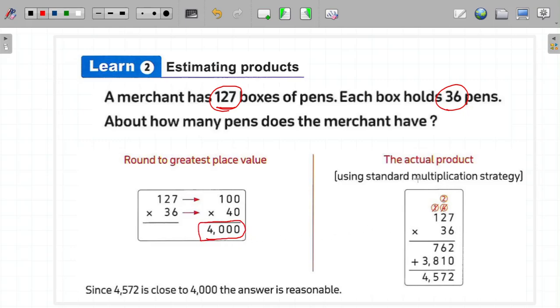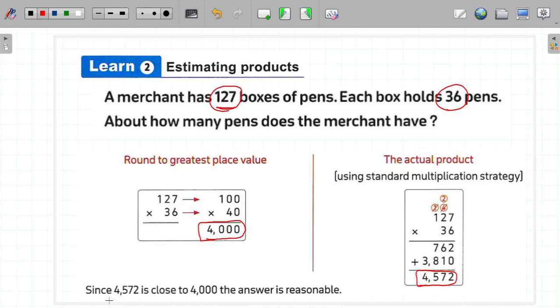And if I want to find the actual product, I will use the standard multiplication strategy or the algorithm. So after I multiply the two numbers here, I will get the final result here is 4,572.